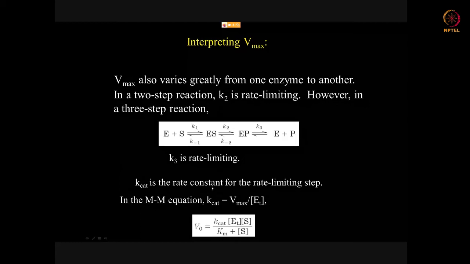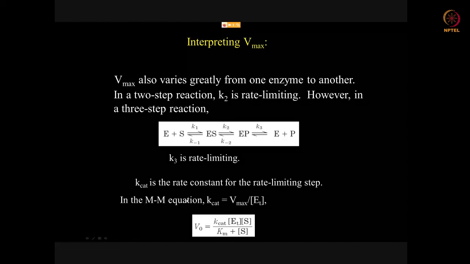So Kcat is the rate constant for the rate limiting step. In this particular case, it is K3; in the earlier examples we considered, it is K2, which is rate limiting. So the rate limiting step's rate constant is what is Kcat. And this is an important one. The higher the value of this, the higher the overall rate of the reaction.